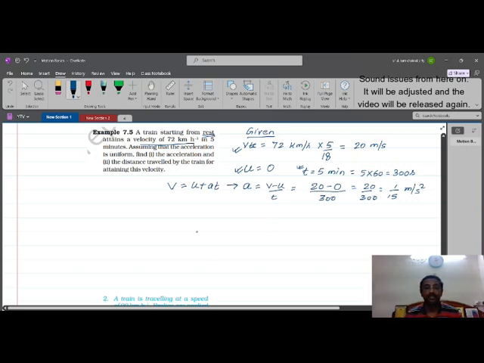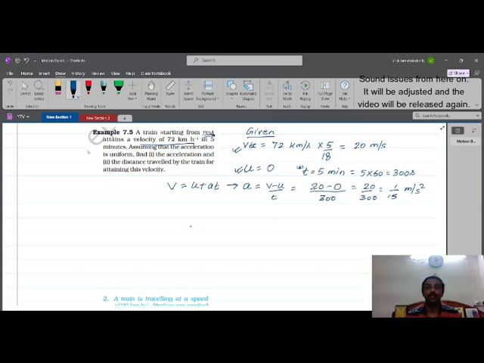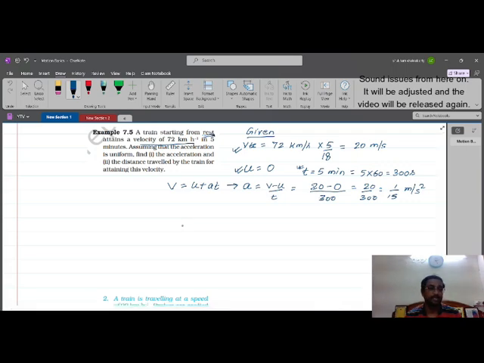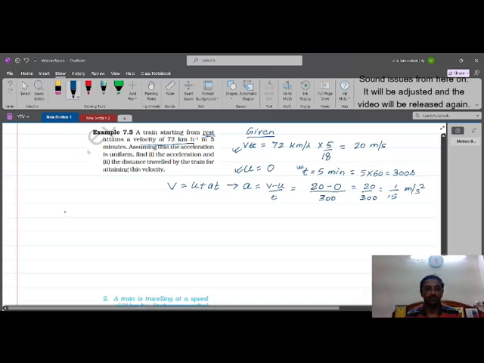Now the second one is the distance traveled by the train for attaining this velocity. So we need to find out s. How are we going to find it out? We can find it out using two different methods. The first method is we can use the second equation of motion, which says s equals ut plus half at square.